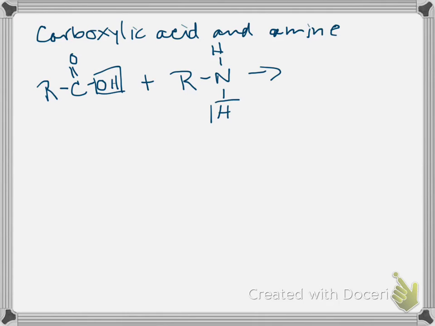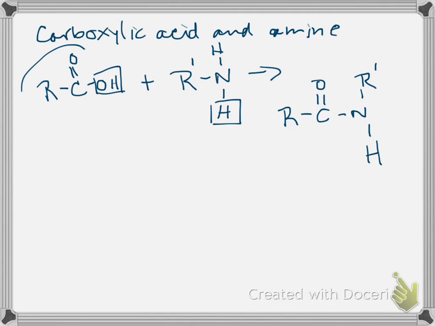Again, it's going to be that OH from the carboxylic acid and the H from the N. Make that an R prime just because it's going to be a different group. And what happens here is we form an amide. This group here comes here; this ends up being the other substituent that's connected on the N.